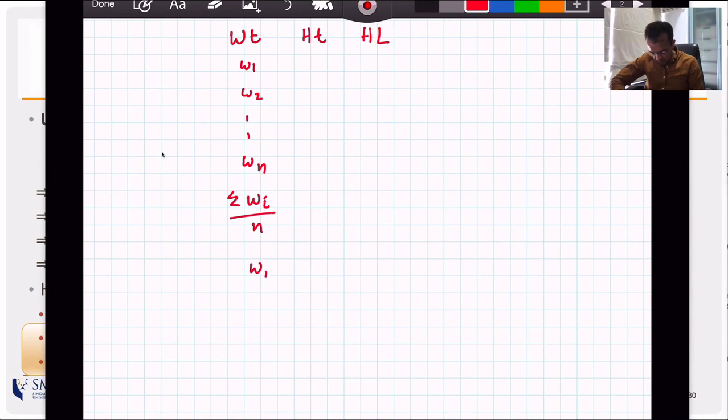New W1 prime is equal to W1 minus the mean. And now suppose I compute the mean of W prime. I add up all the W1 prime, W2 prime, etc. and divide by n. What do you think that mean will be? That's going to be 0 because I basically took out the mean.